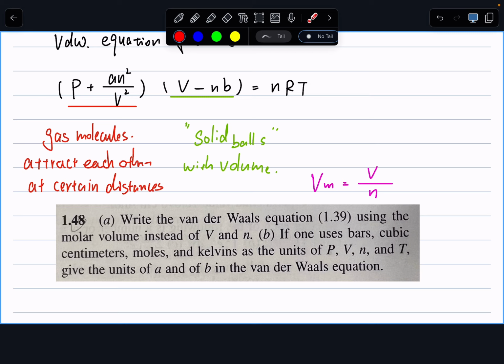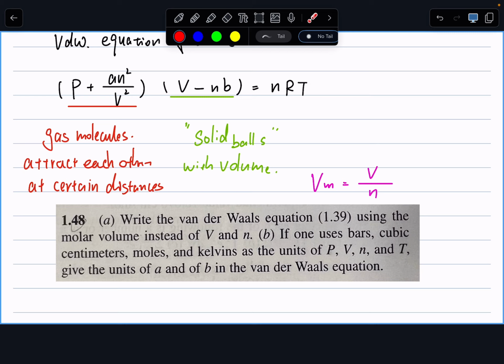In this case, b will have the same unit as your molar volume. In this question, we're using cubic centimeters for volume and moles for the number of moles. So b will have the same unit, which is cubic centimeters per mole.